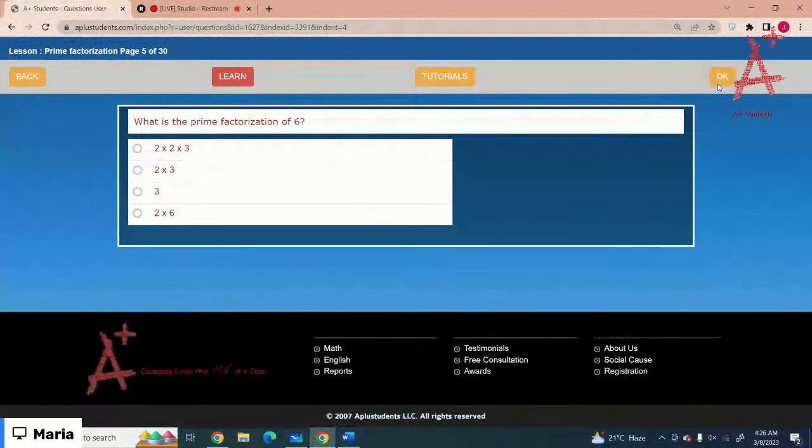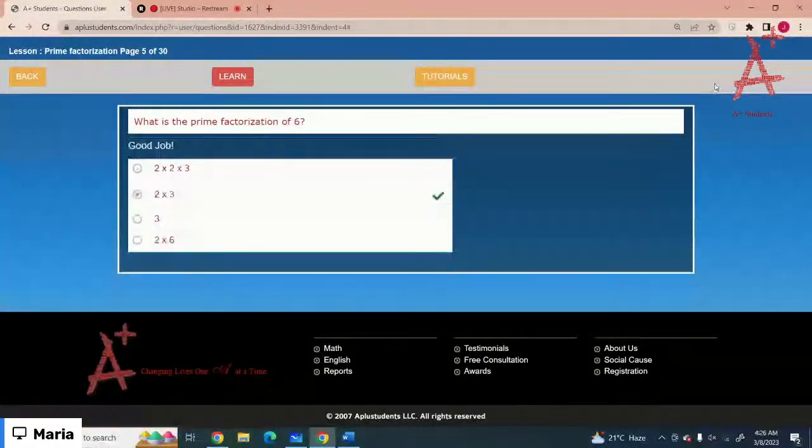Got it? Okay, what is the prime factorization of 6? Yes, very good. That is 2 times 3. 2 and 3 both are prime numbers.